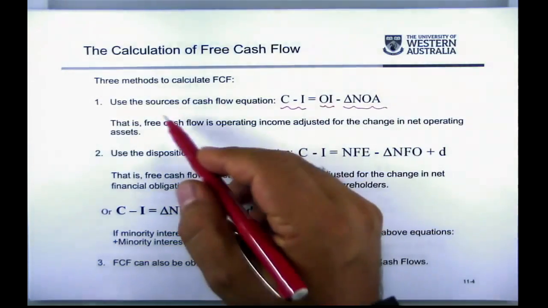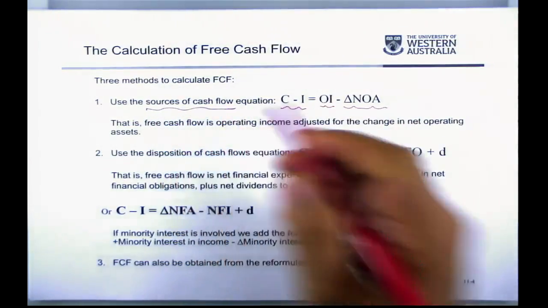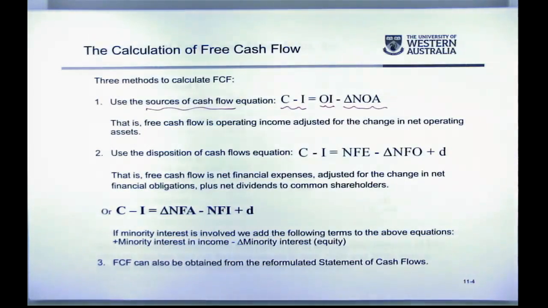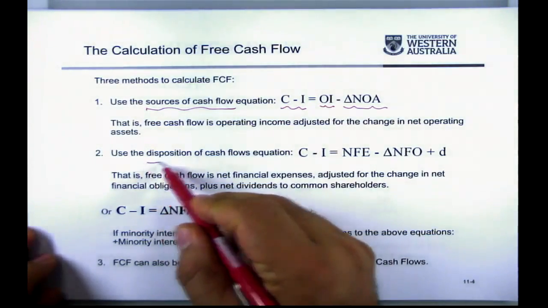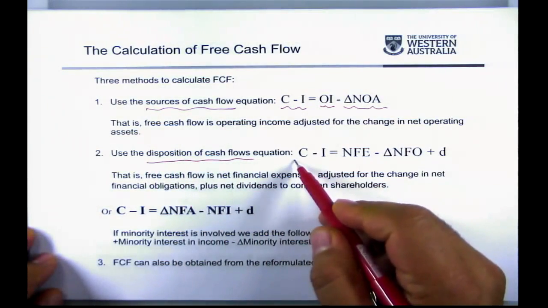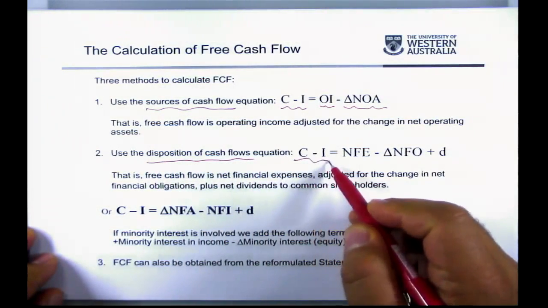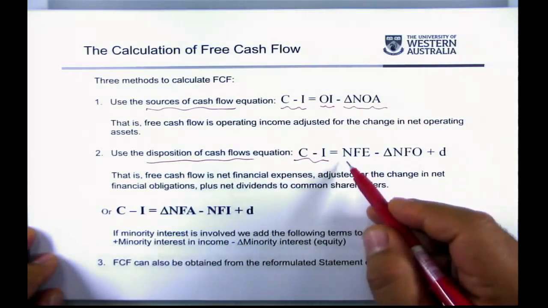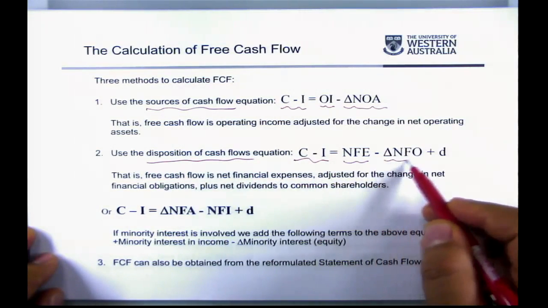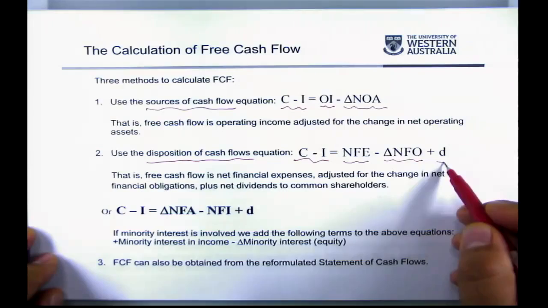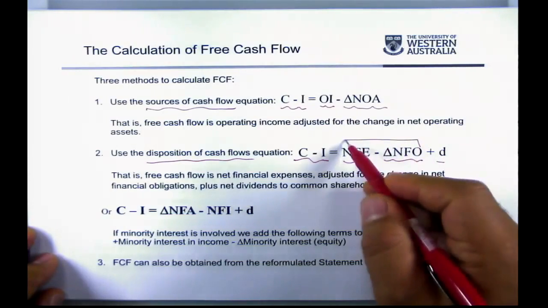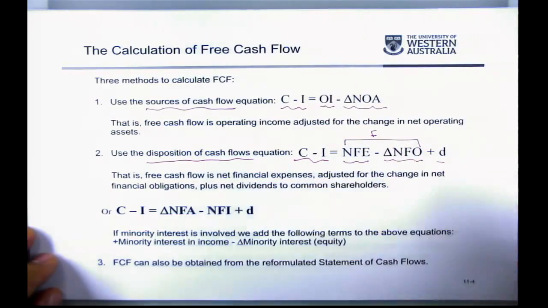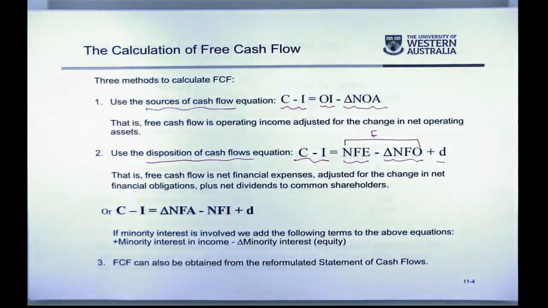This equation is called the sources of cash flow equation. There is another equation, the disposition of cash flow. According to this equation, the free cash flow is equal to net financial expense minus the change in net financial obligations plus D. Note that these two together is just F.